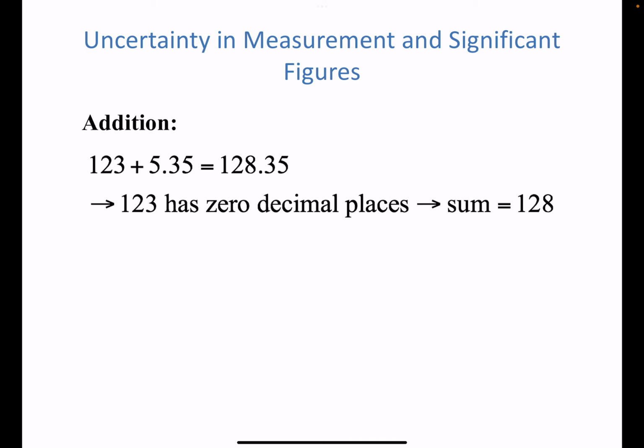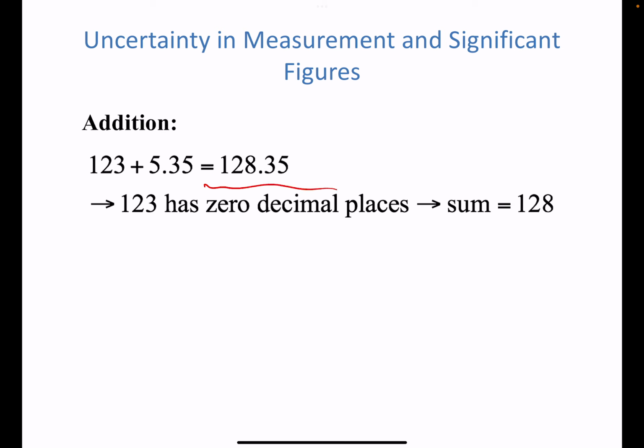And we can do algebra with significant figures, right? So what's the rule if we add two quantities? For example, we add 123 and the other number, which we got very, very precisely, 5.35. If you put it into a calculator, it would be 128.35.